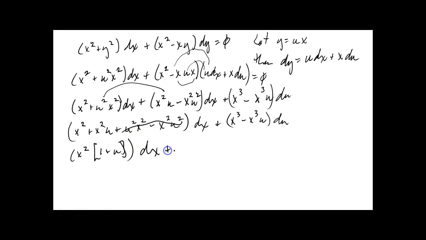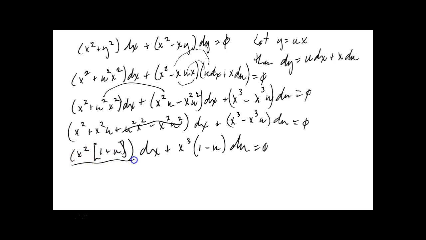Dx plus, and here you can factor out an x cubed times 1 minus u du. Oh, all this is equal to 0. I've been leaving off my equal to 0. Okay, sorry. All right. Now you see we have a separable situation here.